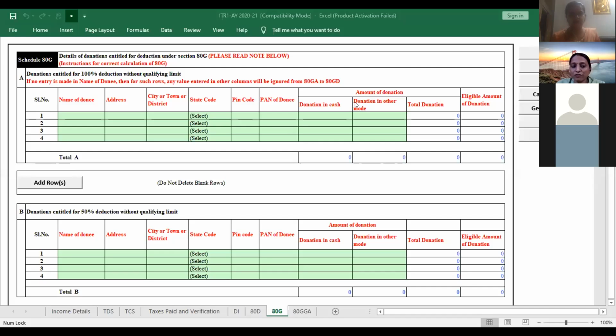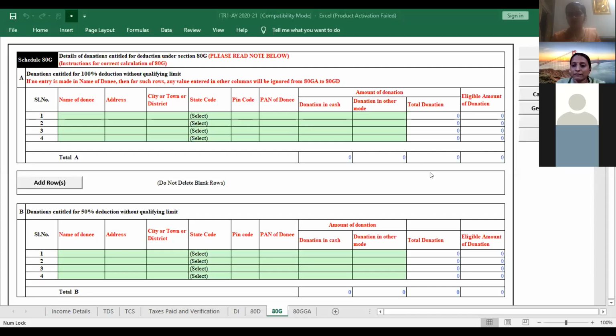So if you log in, instead of going to downloads, you have to go to your account and there you get the option. And if you file the returns online, e-file your returns, when you select that, you will get your pre-filled data.